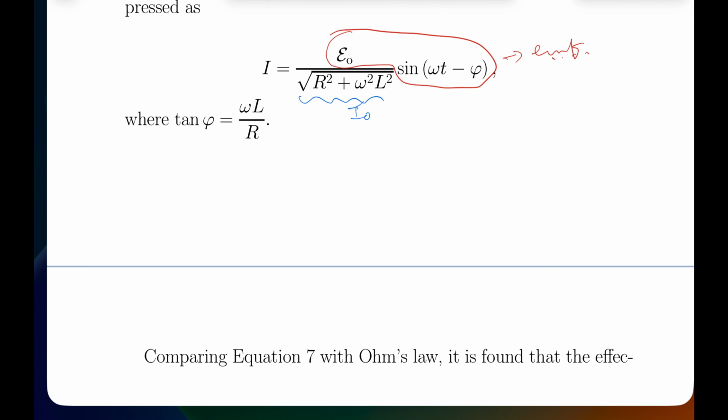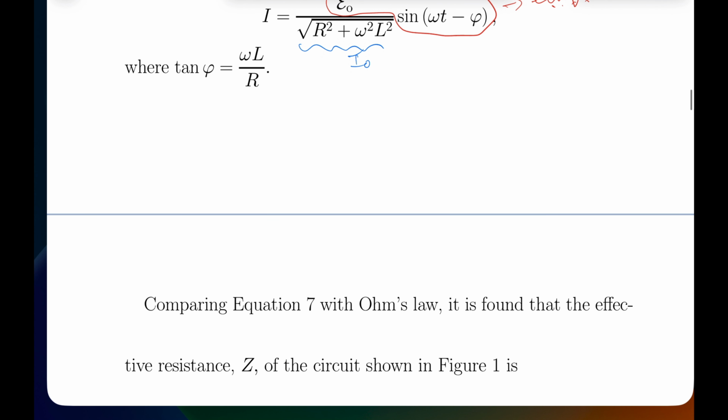On the left side, we have the current, and therefore the denominator must represent what? It must represent the impedance or the resistance offered by the circuit to the flow of alternating current.